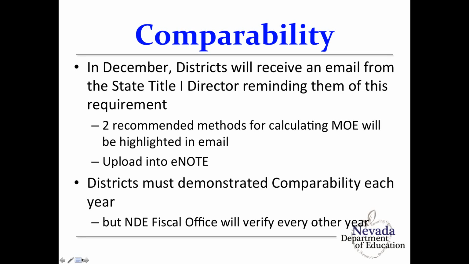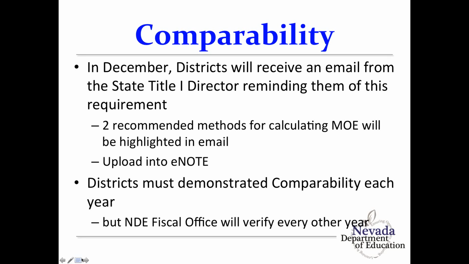In December, districts will receive an email from the state Title I director reminding them of this requirement. Two recommended methods for calculating comparability will be highlighted in the email. Upload into eNote. Districts must demonstrate comparability each year, but the NDE Fiscal Office will verify every other year.